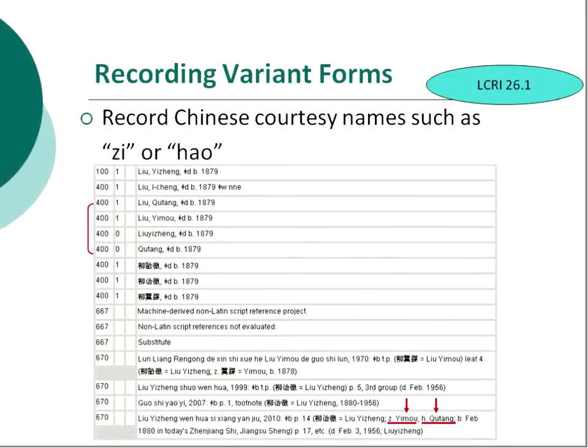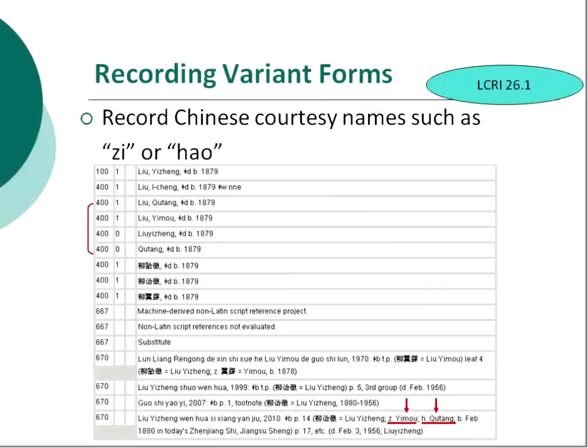Recording variant forms. Now, very often in the CJK language area, authors have courtesy names such as Zi or Hao. These Zi or Hao courtesy names should be treated as references and are provided in the cross-reference under the 400 fields.